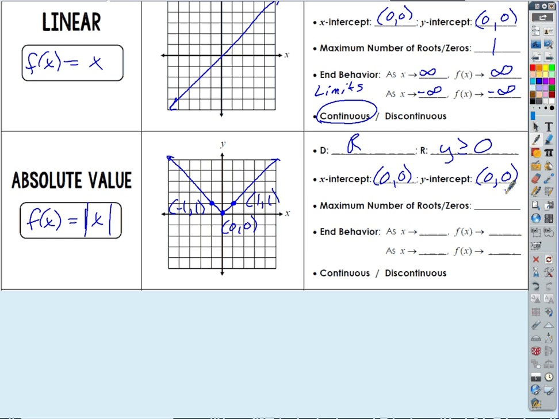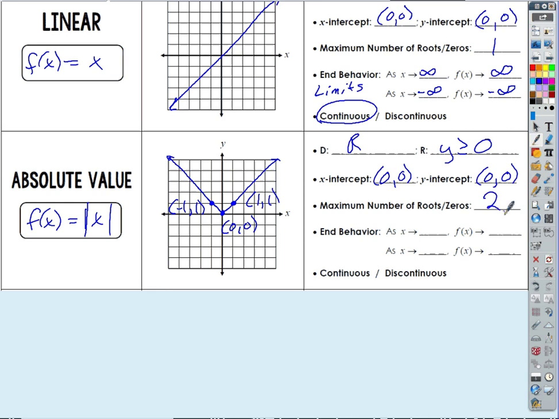Occasionally we got 1, and that would correspond to the 0 being at the vertex, and sometimes we got none if there were no real solutions, right? Graphically, that would be the situation where I translated this up so the vertex was above the x-axis, so there were no x-intercepts. But the maximum number I could get is 2.